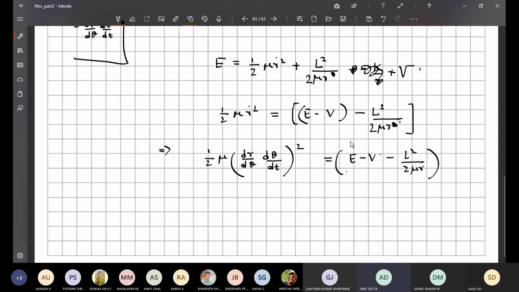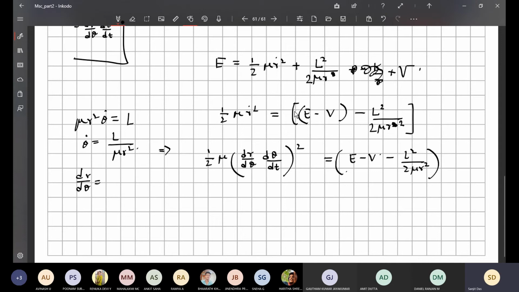So now mu r square theta dot is equal to L, so theta dot is equal to L by mu r square. I can put it here as usual.